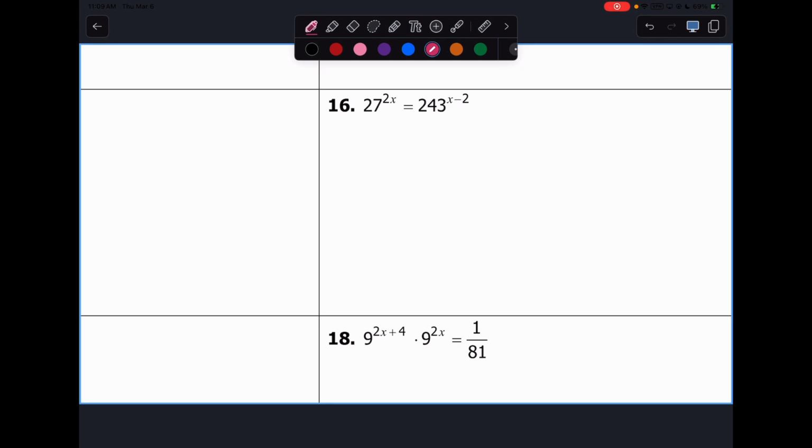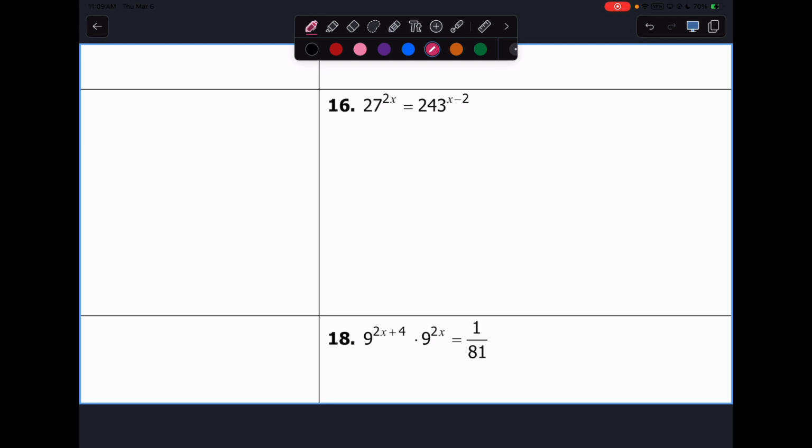Oh, there we go. 27. Try 243 divided by 27. What do you get? 9. That's 2 3s, right? 3 times 3. And 27 is 3 times 3 times 3.